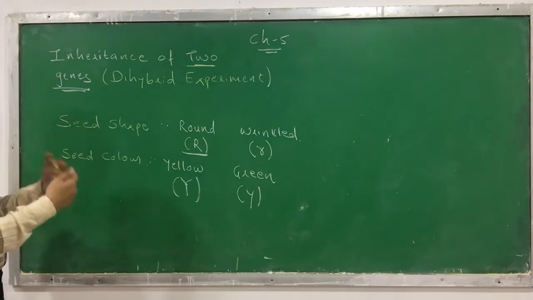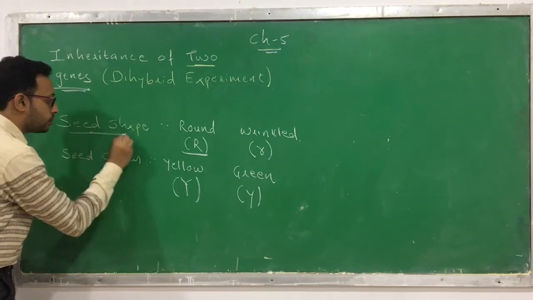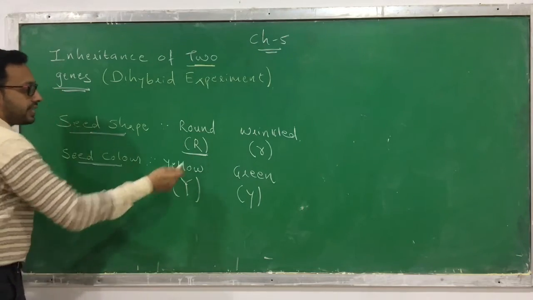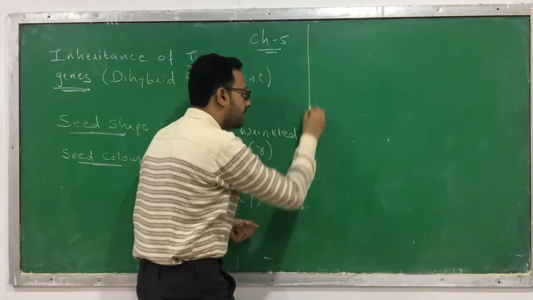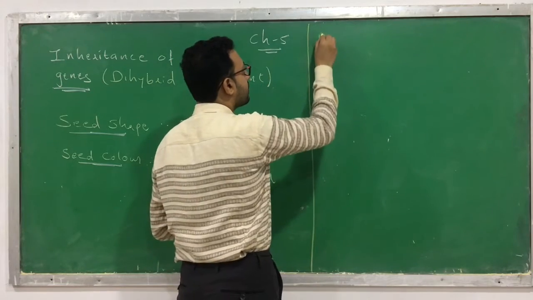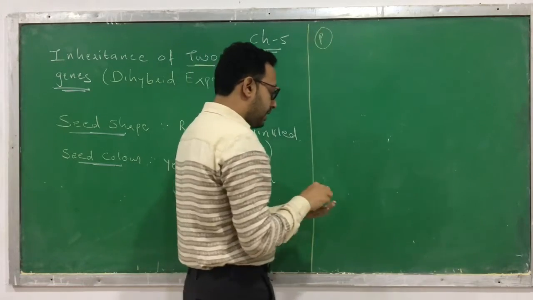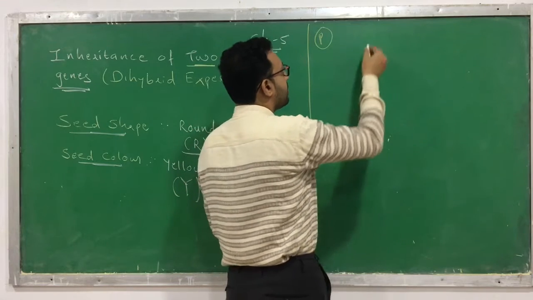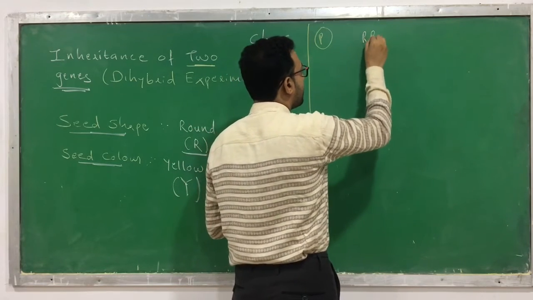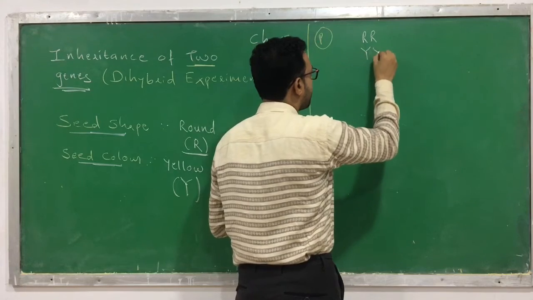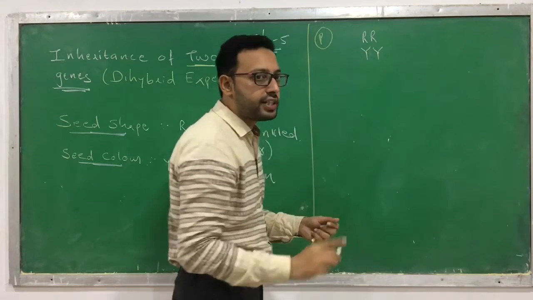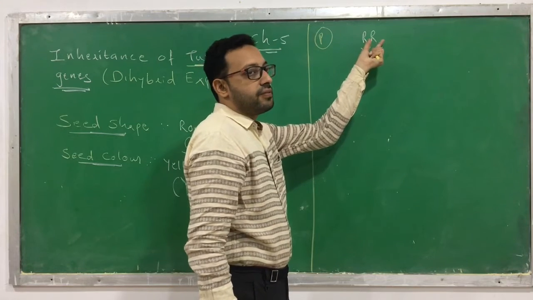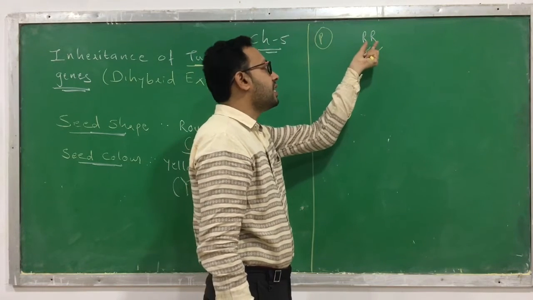Now what Mendel did: Mendel took a plant with two characteristics as the parent generation. Remember R, Y. You already know that the factors, or genes, occur in a pair.